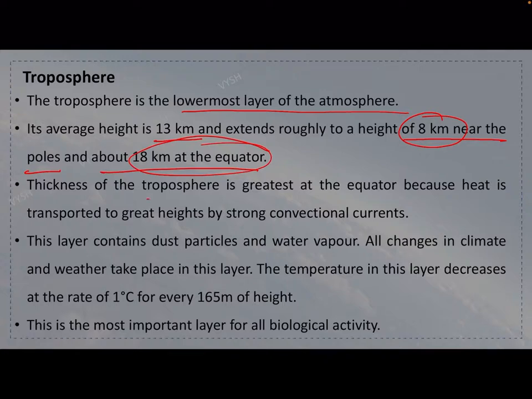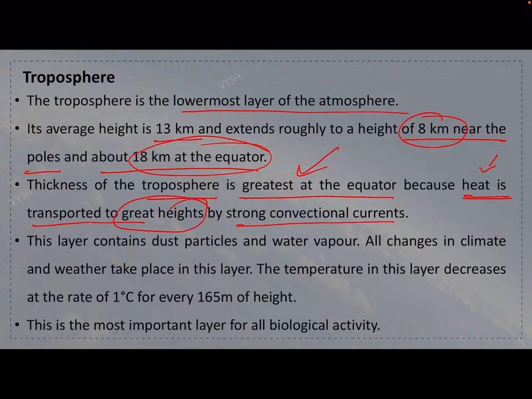The thickness of the troposphere is greatest at the equator because heat is transported to great heights by strong convectional currents. We read about convectional currents, the air movement and the heat movement, right? Because of that, it is the greatest at the equator.